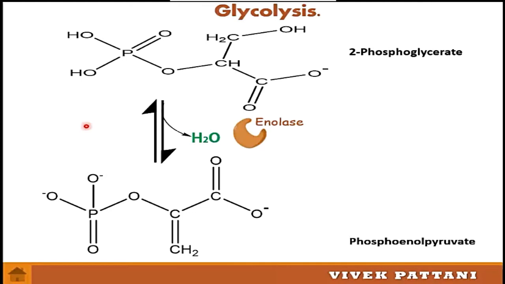This one also is a reversible reaction. When phosphoenol pyruvate is converted into 2-phosphoglycerate, there will be a rehydration reaction, because there will be need of two molecules of hydrogen and one of oxygen. So the reverse involves rehydration.